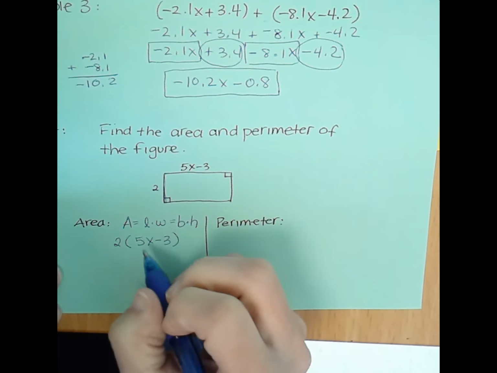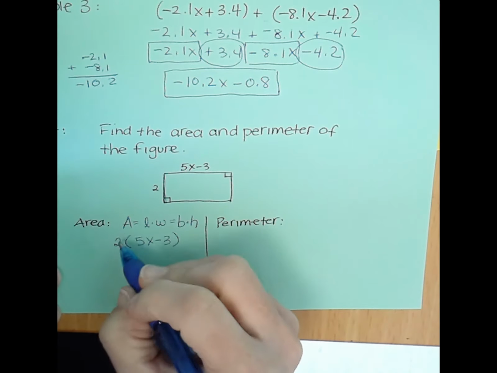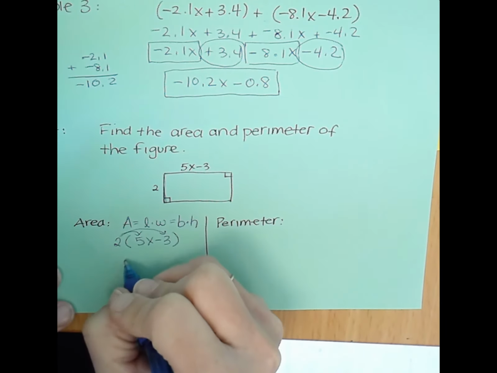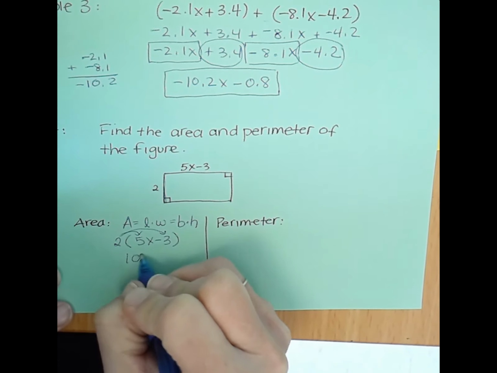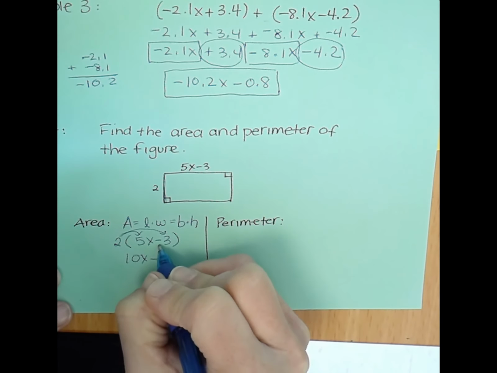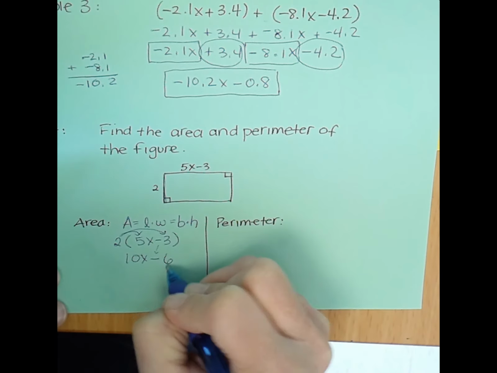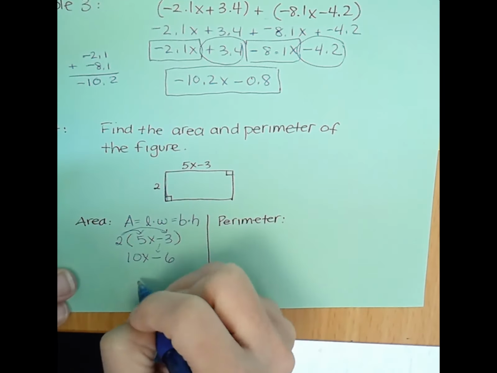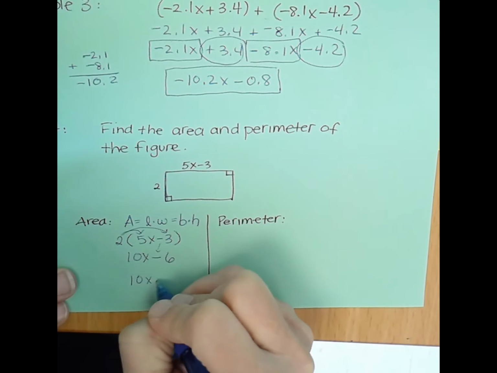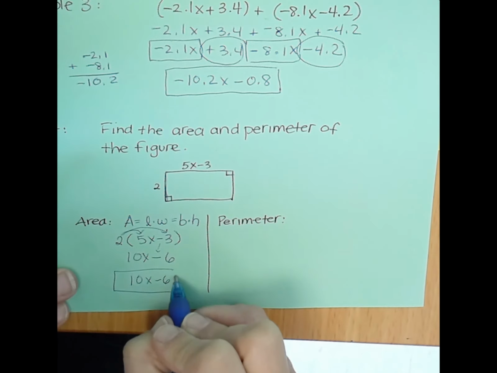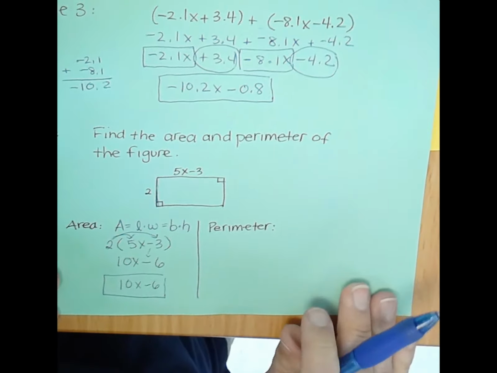That is the area, or we could use the distributive property and get rid of the parentheses. 2 times 5x is 10x minus, you always want to bring down the same sign, 2 times 3 is 6. And that's really all that we can do. That's simplified. We just came up with an expression for the area of that rectangle.